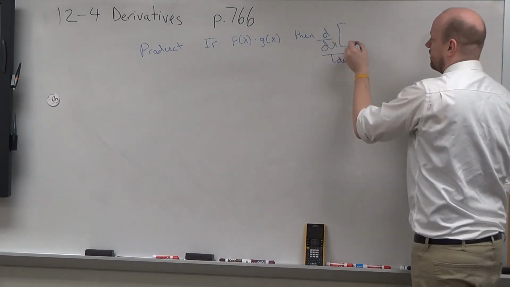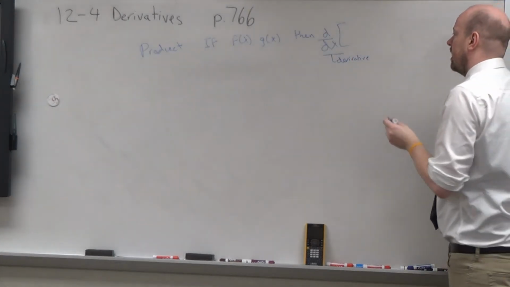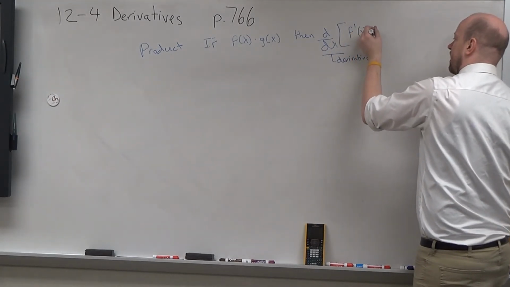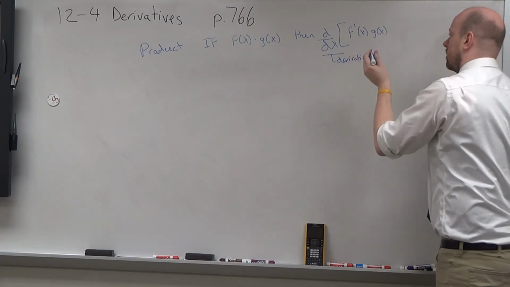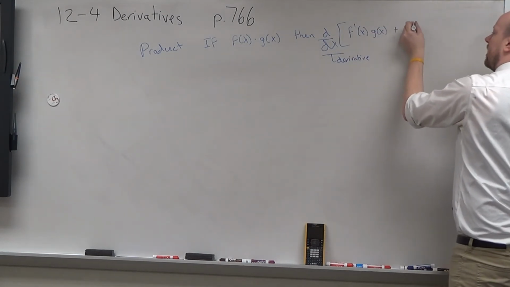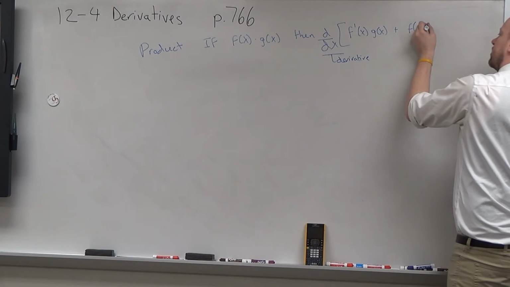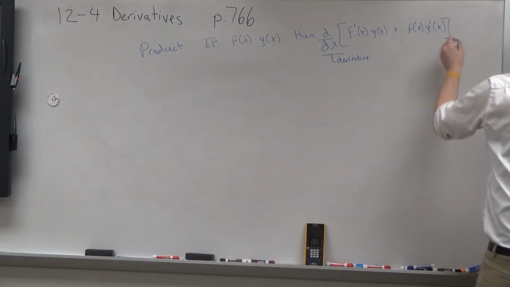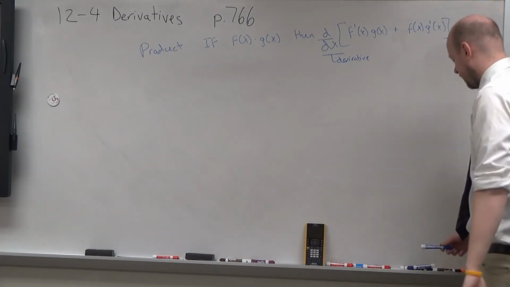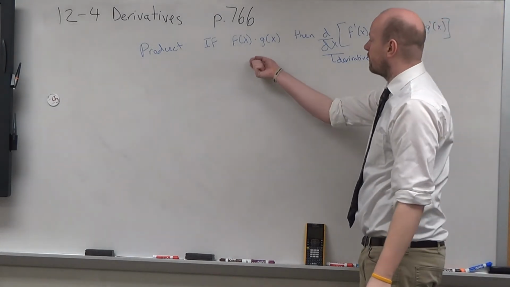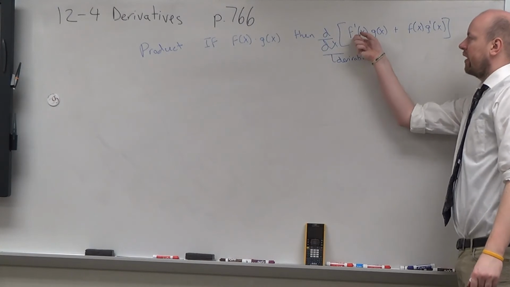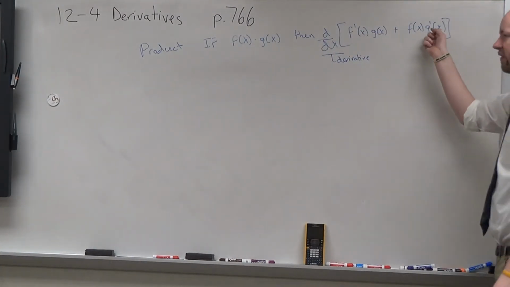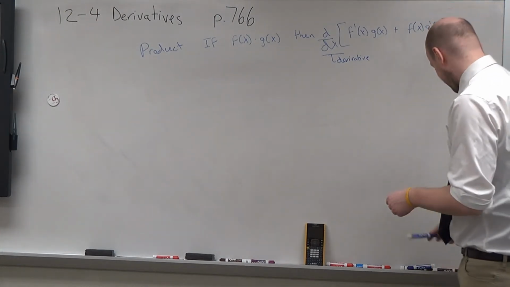I get f prime of x times regular g of x plus regular f of x times g prime of x. So I have two functions multiplied together: derivative of f of x times regular g of x plus f of x times the derivative of g of x, and then I combine like terms at the end.